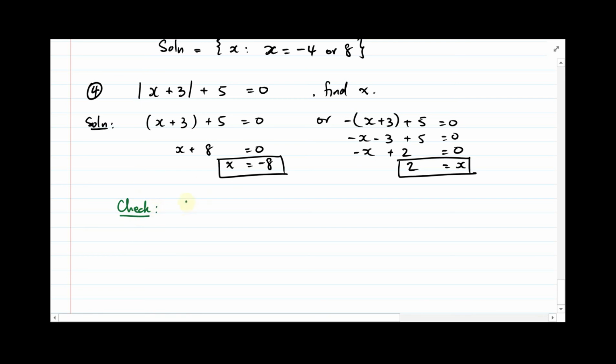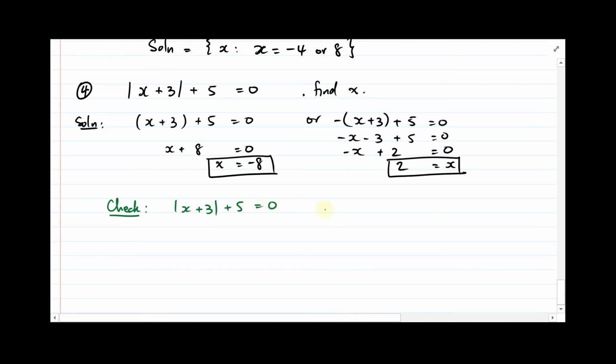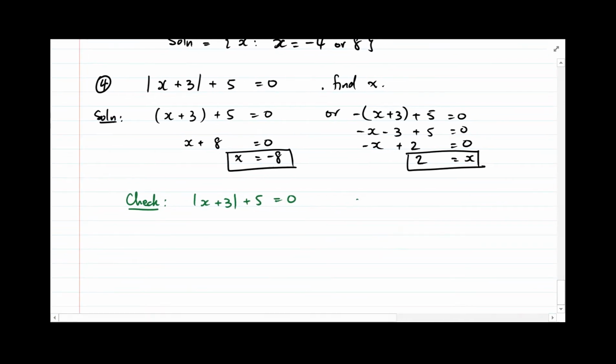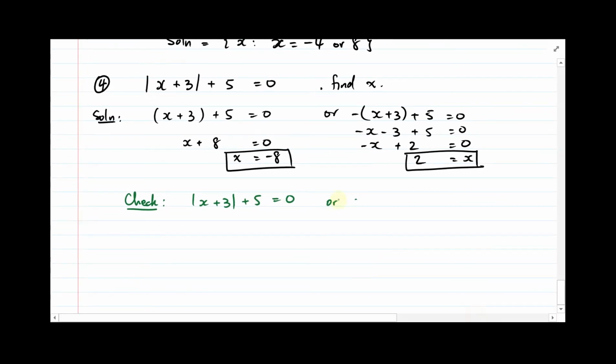All right. So let me write my equation again. Original equation. Whenever we're checking, we try not to use the derived equation, the equation that we wrote. If we can, we always start from the very first thing that was given.